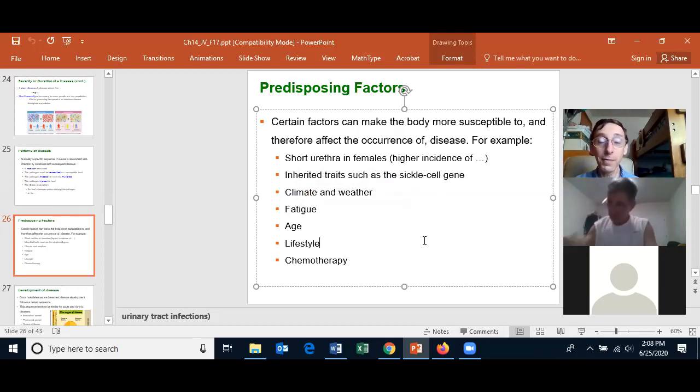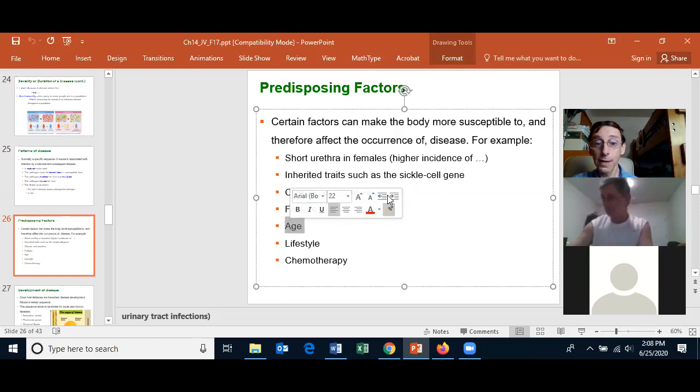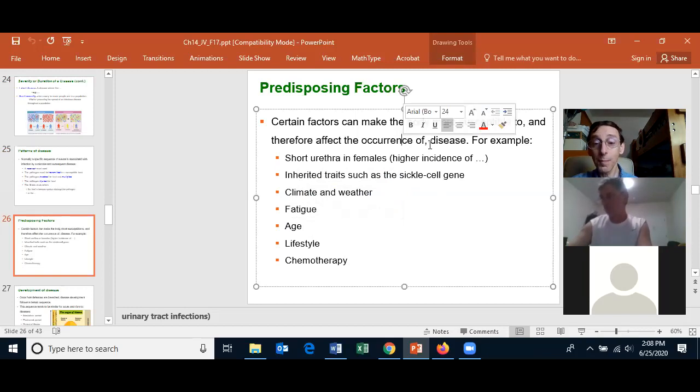Age is a predisposing factor in coming down with a disease. Normally, for most diseases, the very young and the very old are more likely to come down with disease and are more likely to be hit severely with that disease. That's normally what we see. With COVID-19, we're not seeing too much of that. It's only the elderly that are coming down with the severe cases of the disease.